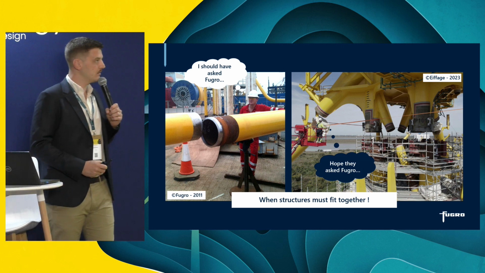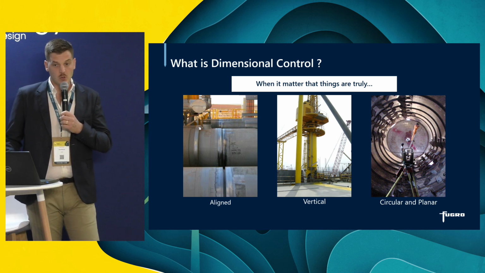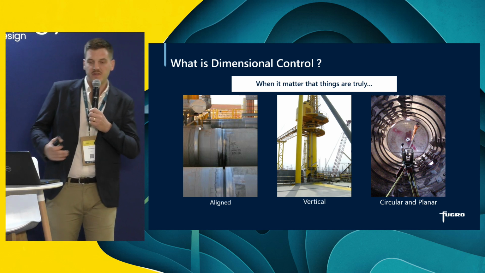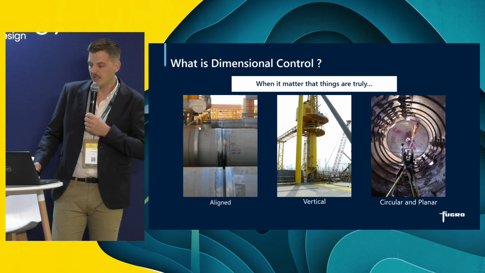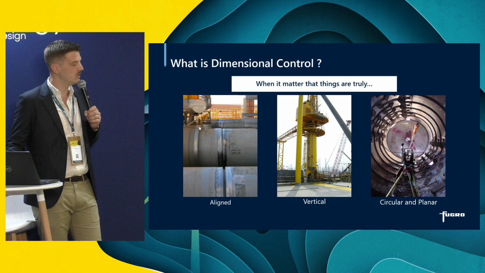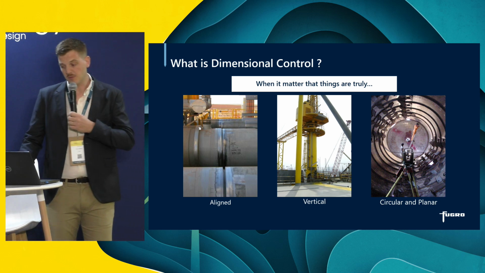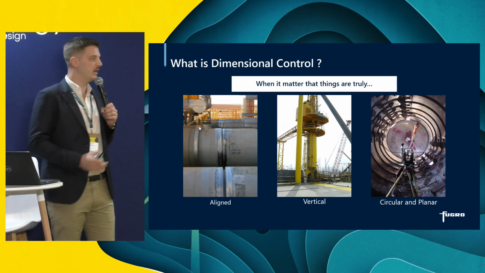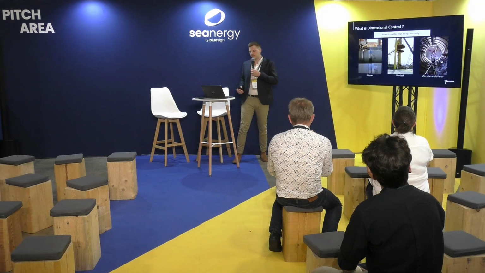So finally, what is dimensional control? At its core, dimensional control is the process of ensuring the manufactured parts and assemblies conform to the specified size, shapes, and features. The use of dimensional control can be summarized as when things have to be aligned, vertical, circular, and planar.